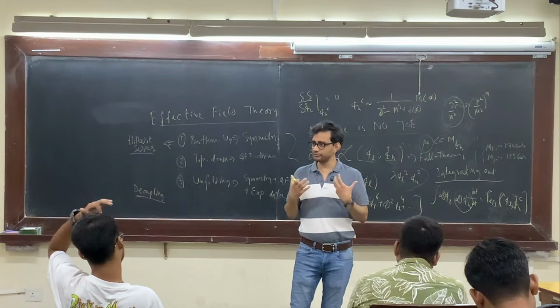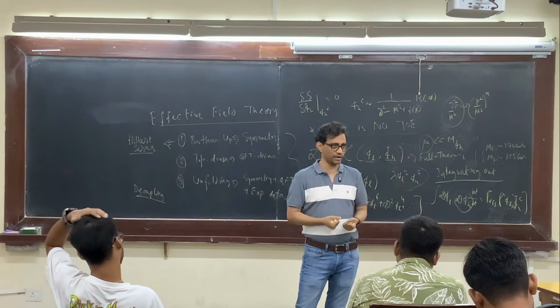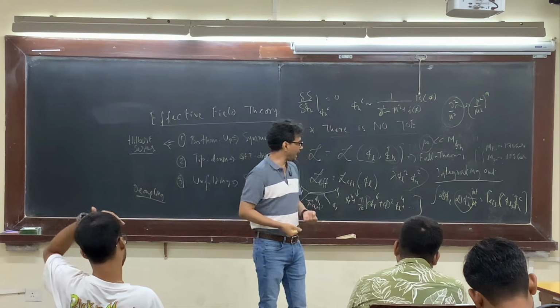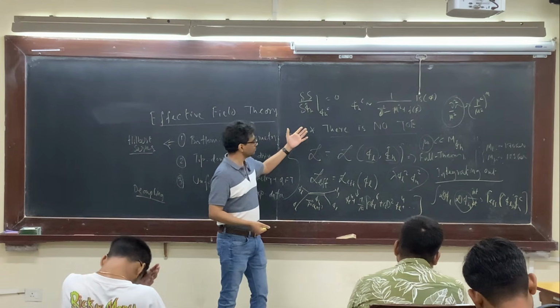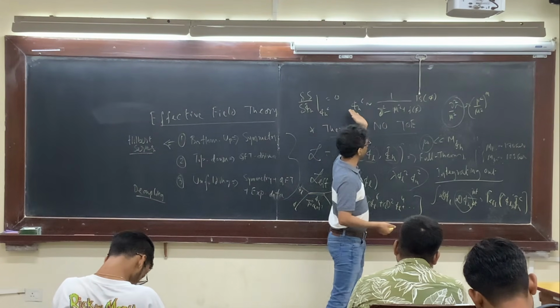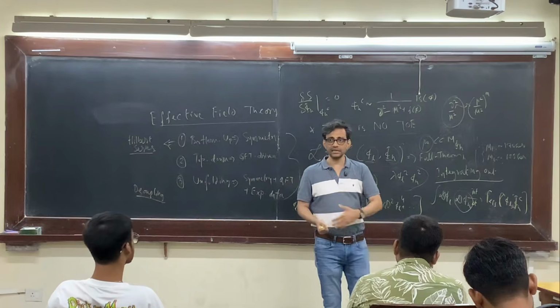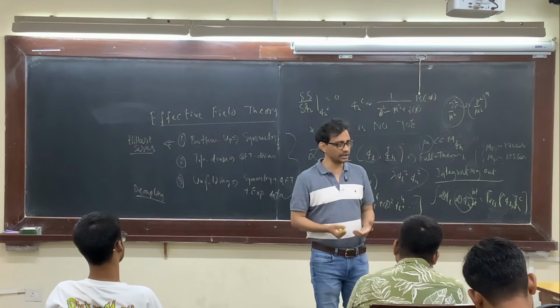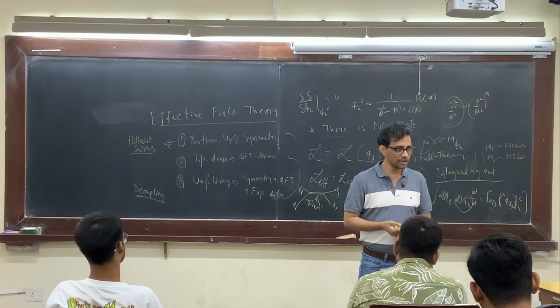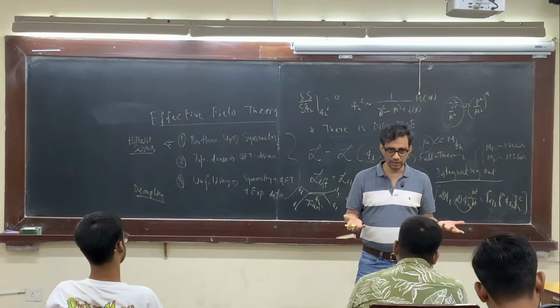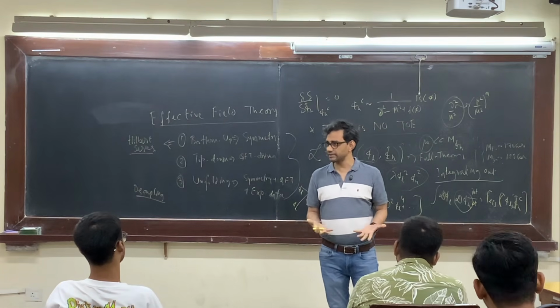When we talk about the effective field theory, we talk about the local operators. Okay, and we'll see that when we integrate out, there are certain things we have to keep in mind. For example, what about the gauge invariance? Because my theory has a gauge invariance. At the low energy, I have a gauge invariance.